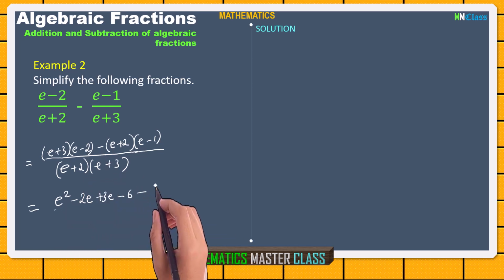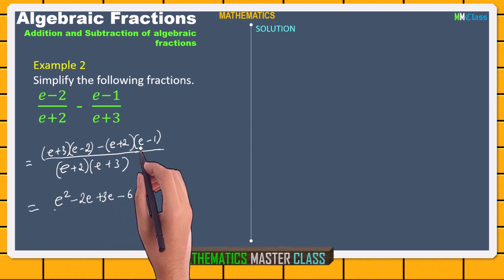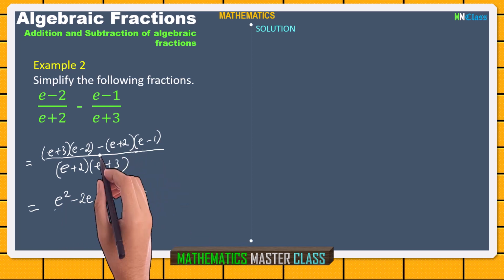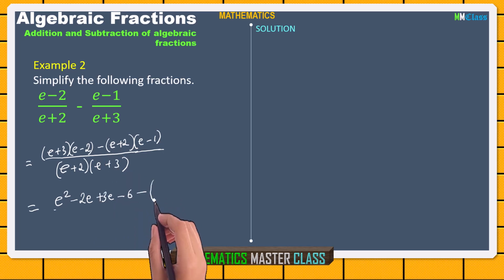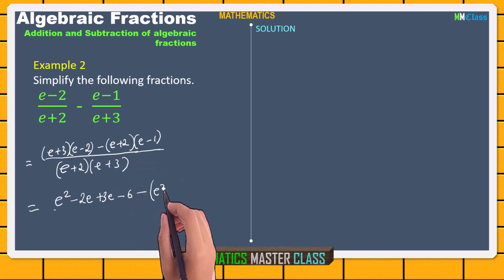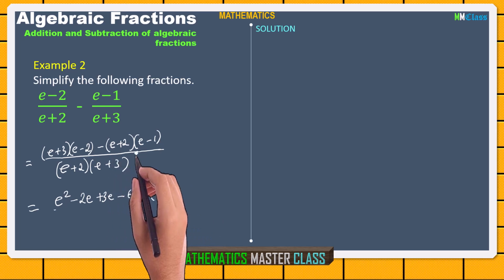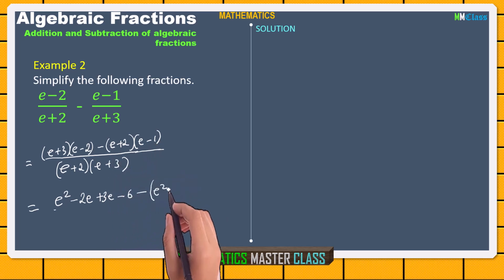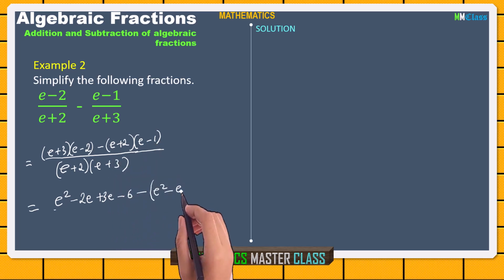Write it. Then we are going to expand these two brackets. Because of this minus, we are going to open a bracket here so that you can address every other thing. So this e times this e will give you e squared. This e again times minus 1 will give you minus e.